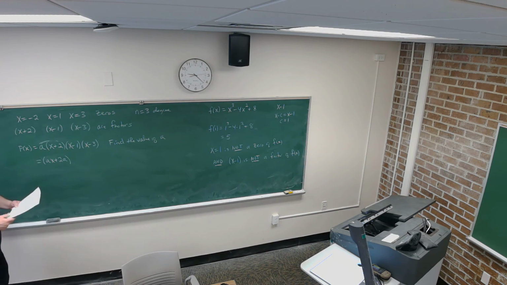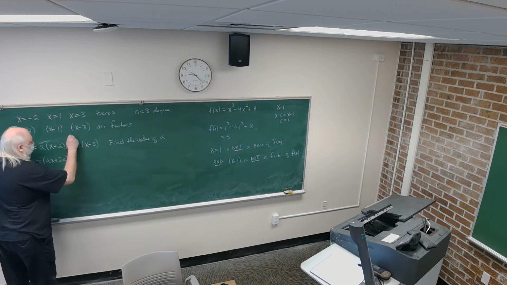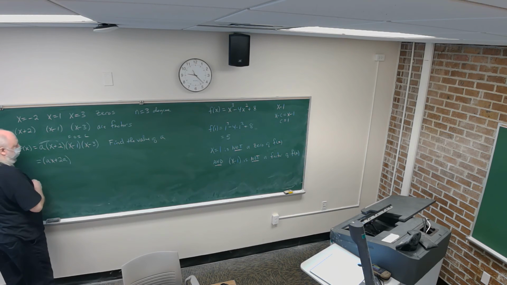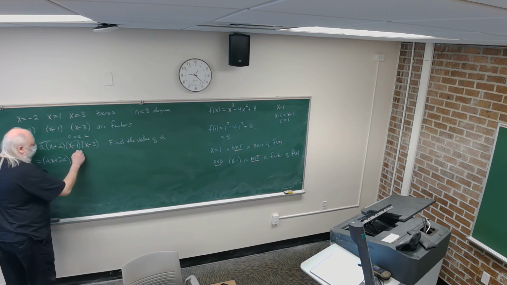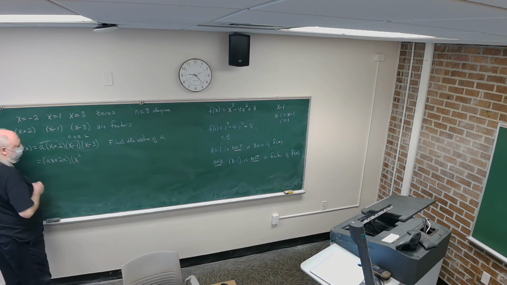And then I FOILed x minus 1 times x minus 3. x times x is x squared. The outer is equal to minus 3x.